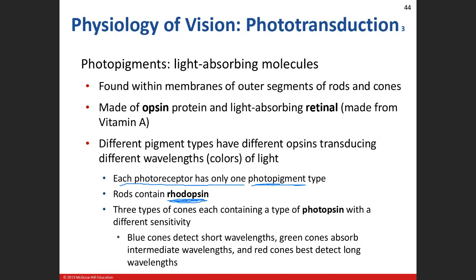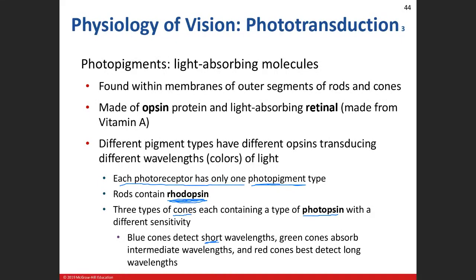In our cones, our photopigment is called photopsin. So you have 3 different types of photopsins in cones, and that is dependent on what the cone is for. Is it red? Is it blue? Is it green? And they're all different. So blue has a relatively short wavelength.